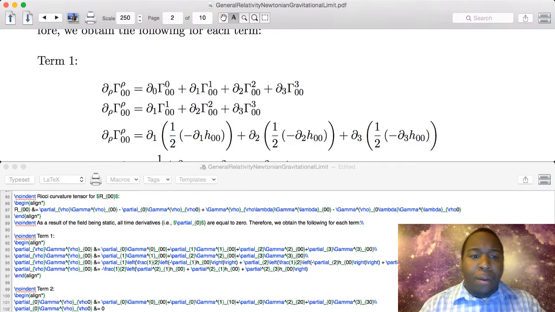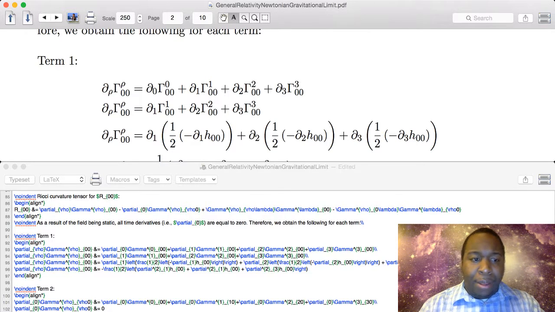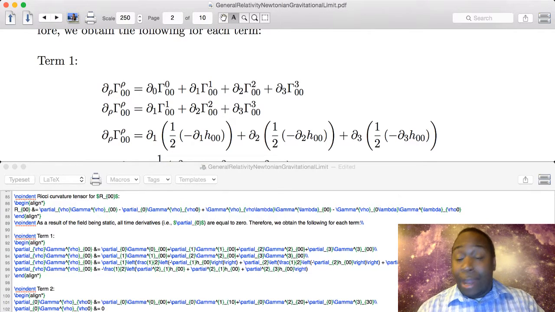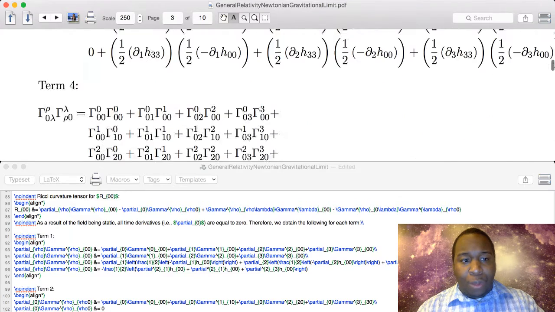There are ways around this. You can use summation notation and not have to worry too much about calculating them all and knowing what certain terms cancel out. But for the purposes of this problem, I went ahead and calculated them all. It's not too difficult. So I'm going to scroll down.